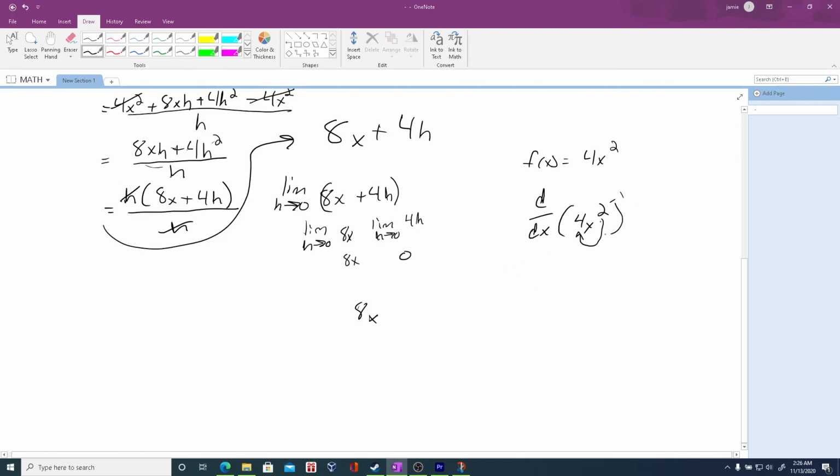So 2 times 4 is 8, the x remains there, and the exponent gets subtracted by 1, so it'd just be 8x. And so both ways, you have Leibniz notation over here, and the limit as h approaches 0 of the difference quotient on this side.